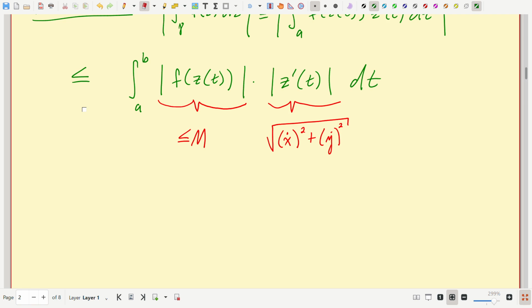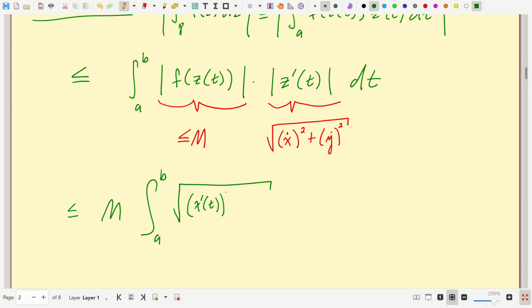Okay, so this is going to be less than or equal to, I can pull that M outside the integral, and then I get here the integral from a to b of the modulus of z prime of t, which is the square root of x prime of t squared plus y prime of t squared, dt.